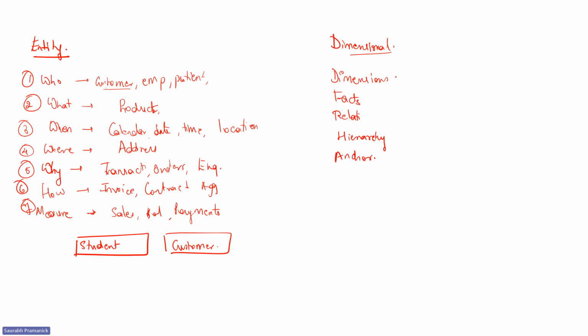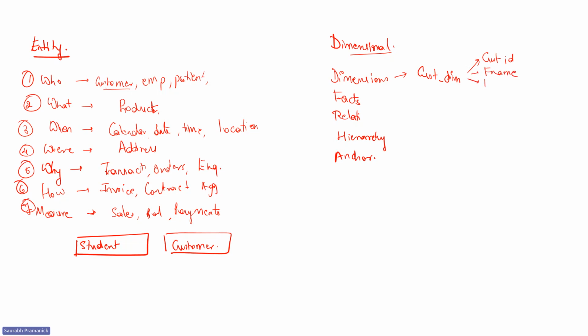So, for example, dimension entities will capture the dimensional type of data, any type of data that is more static in nature, that is not going to change very frequently. For example, if you take customer dimension, what details of my customer are not going to change? I have the customer ID that is not going to change. The customer first name is not going to change.